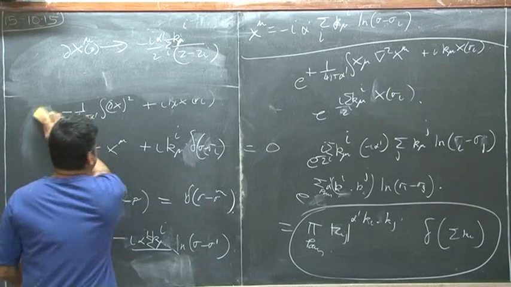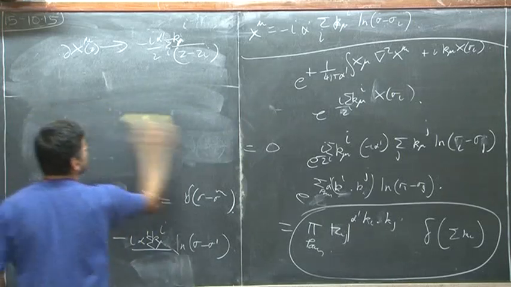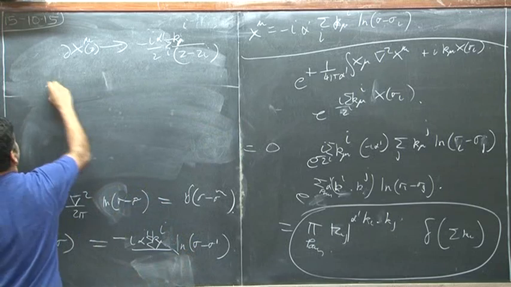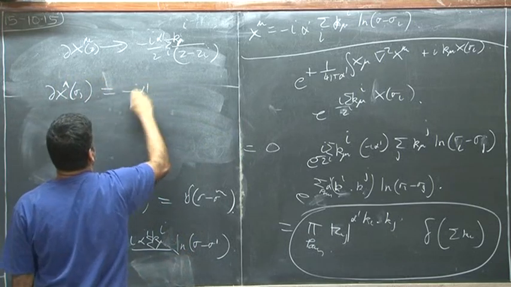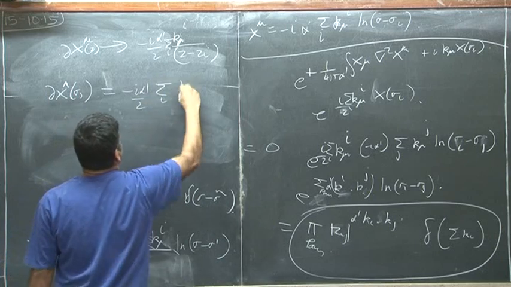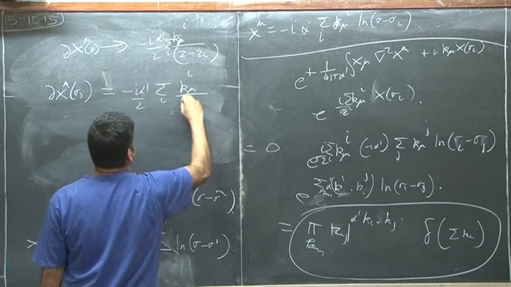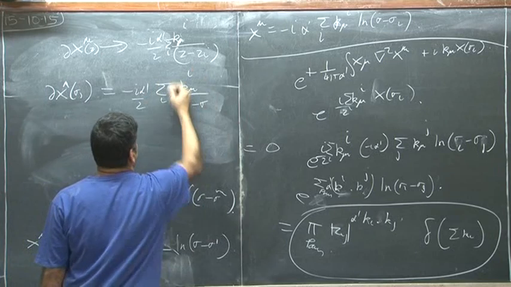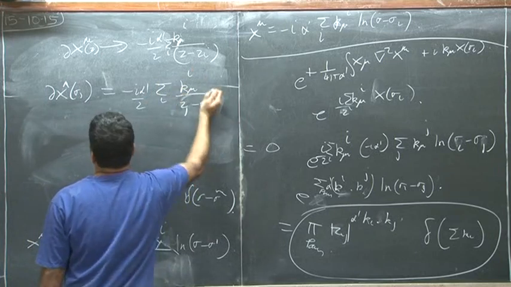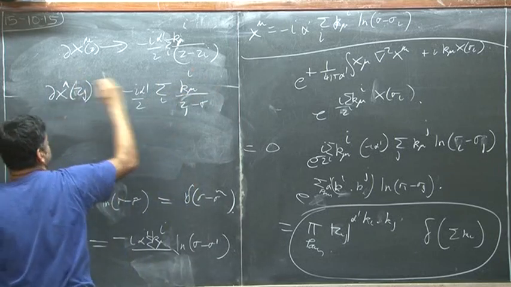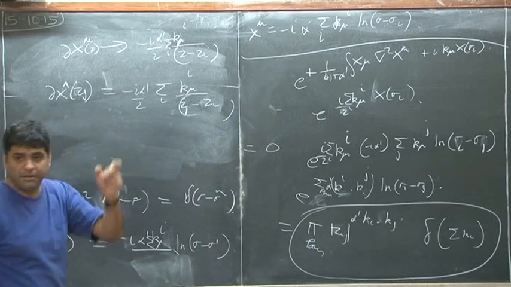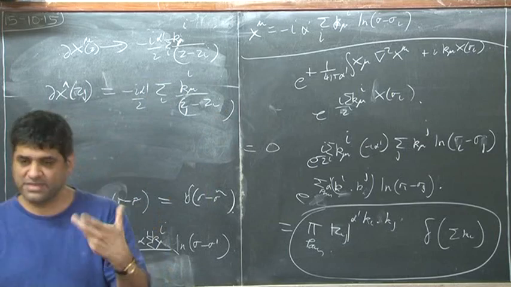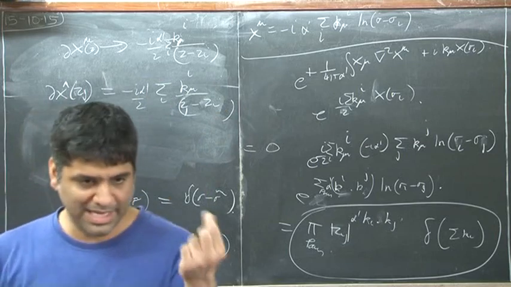Okay, so del x mu of sigma j is equal to minus i alpha prime by 2 sum over i of k mu i by sigma j. What is it? That here. This is the term that is just evaluating what this object was on the equations of motion.